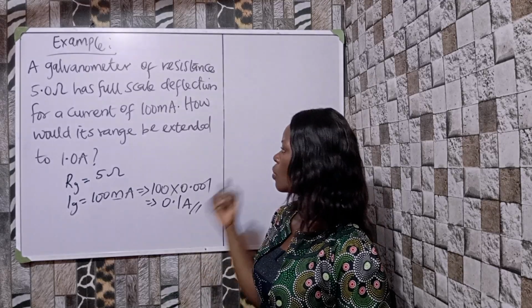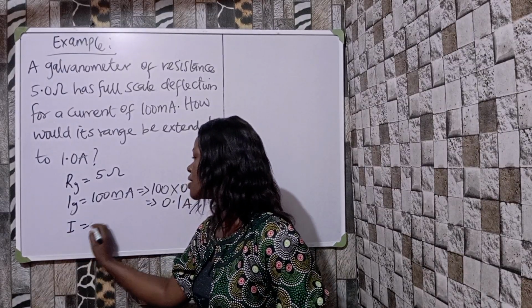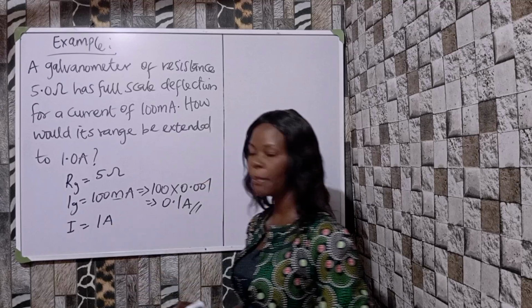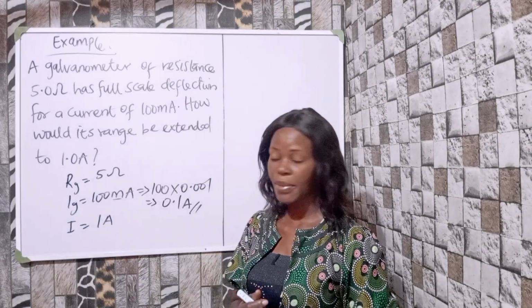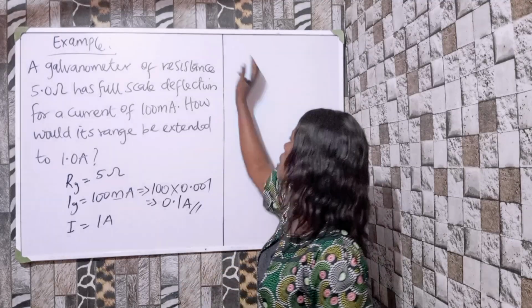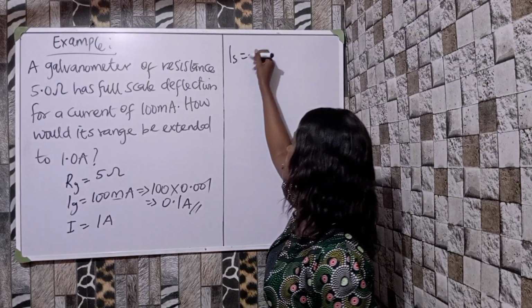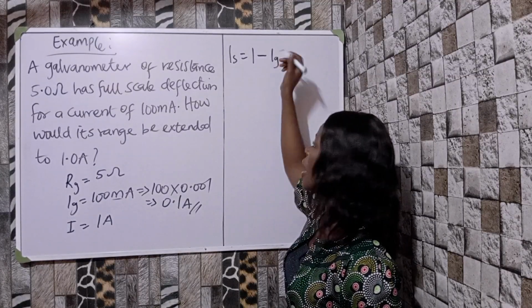Now, what is the total current flowing? The total current flowing in the circuit is 1 ampere. Now, if you know that the total current flowing through the circuit is 1 ampere, we need to get the current flowing through the shunt, right? So I will say current of the shunt is equals to the total current flowing minus current across what?